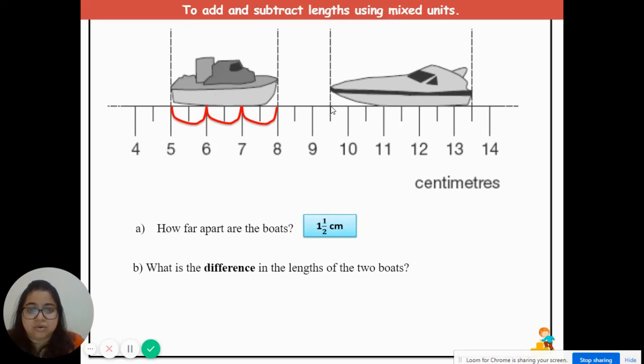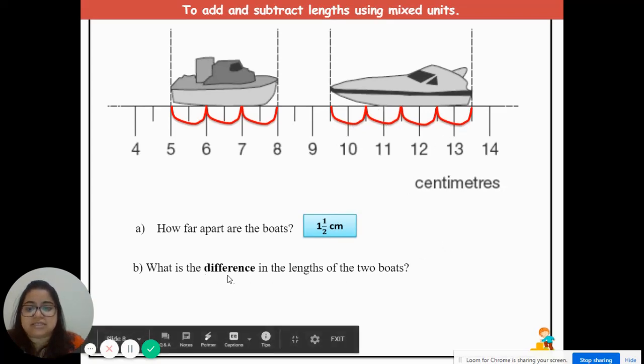So this point to this point becomes 1, that is half plus half will give you 1. So let's do counting from this point to this point and see what is the length of this boat. So 1, 2, 3 and 4. So the length of this boat model is 4 centimeters.